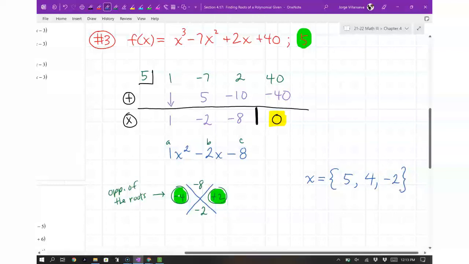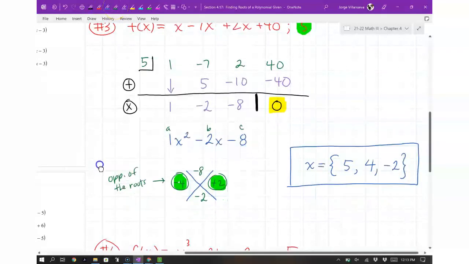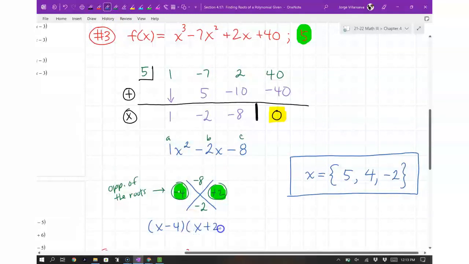All right, so we found those solutions. Now let's find the factor. So it's going to be x minus 4, x plus 2, and the last one is based on this number up here, okay? So we know x is equal to 5.